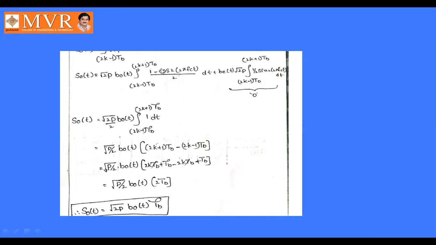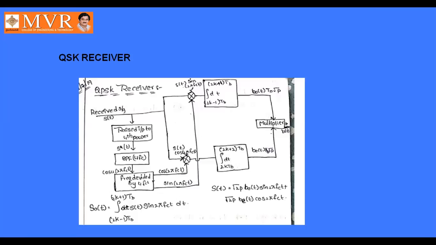The integration of the sinusoidal variation is again 0, so the cos signal integration is 0. So it is the integral of 1 into dt. So root p by 2 into b naught of t into 2k plus 1 into tb minus 2k minus 1 into tb. So it is root p by 2 b naught of t, 2k into tb plus tb minus 2k into tb plus tb, which is equal to root p by 2 into b naught of t into 2tb. So the output is like this. So this is the QPSK receiver.